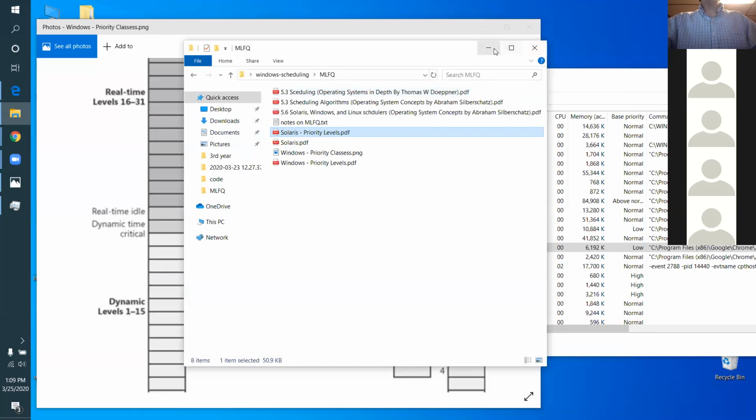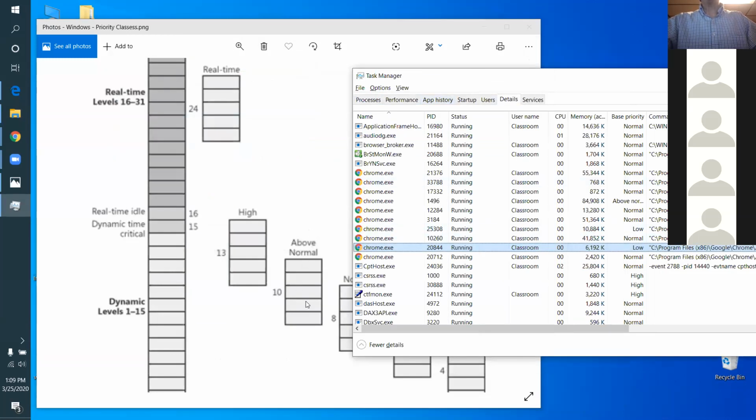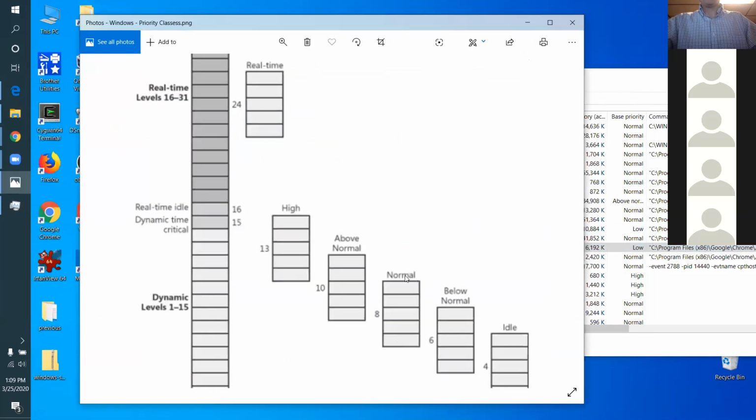In Windows, you only move within your band. So a process that's in the normal band would start at priority level 10. Then if he used up his time quantum, he would move down to, let's see, now which way is which? He would start at 6. You see, I'm getting mixed up in the directions of the two tables.